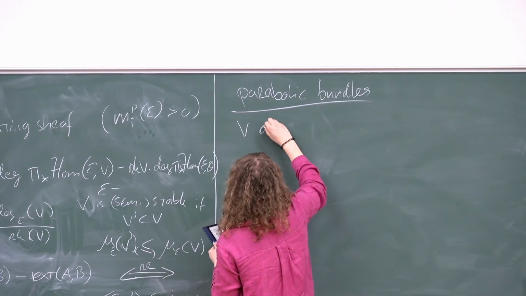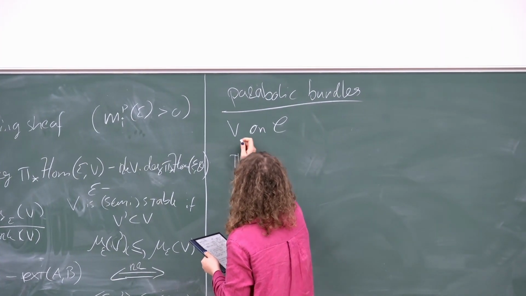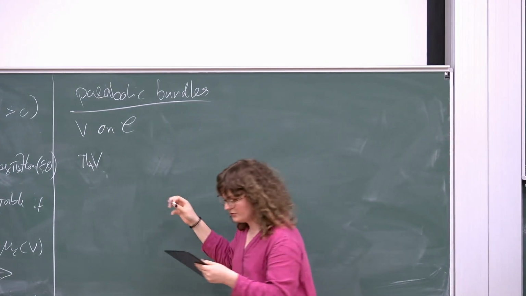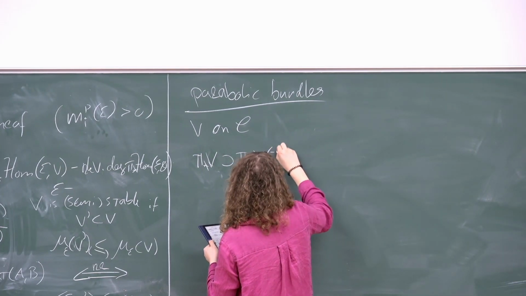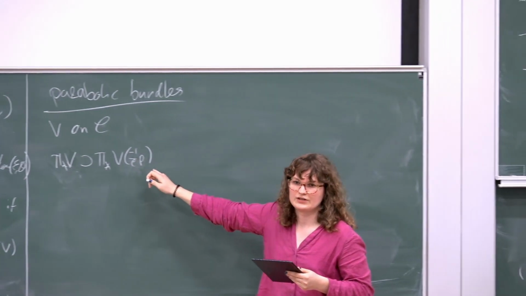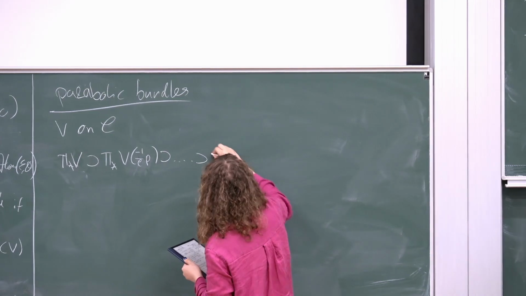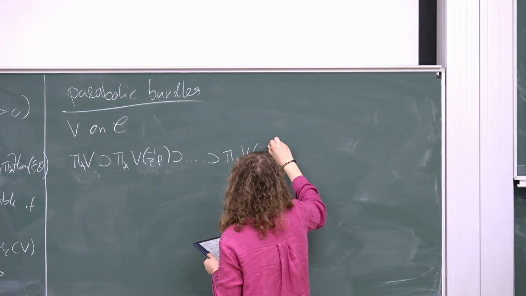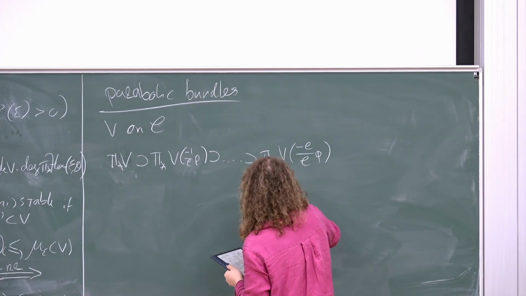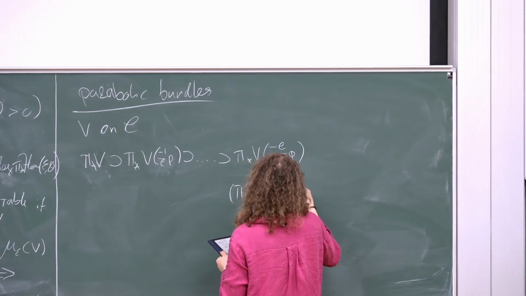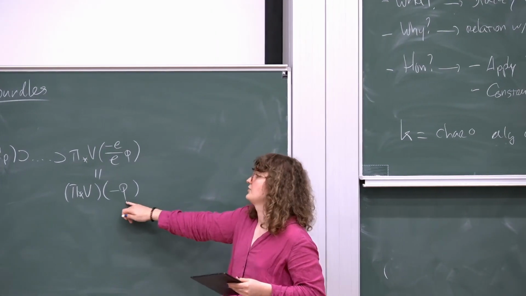So you start with some V on the stacky curve, then you push forward V to the coarse space to get some vector bundle, and then inside of there you find these twists by this sheaf that canonically exists, and you can keep doing that until you end up with that one E times, and then by the formula I gave you, this is actually just pi star V twisted down by P. And this filtration defines for you a parabolic bundle with a parabolic structure at P.